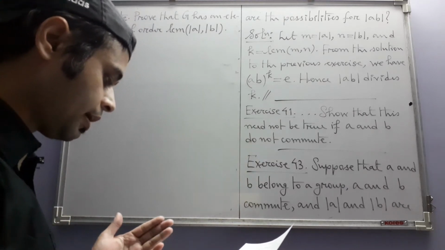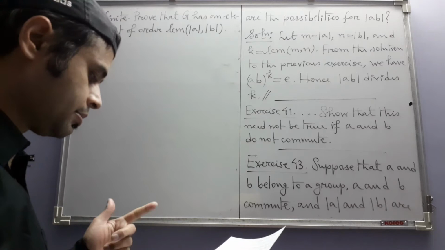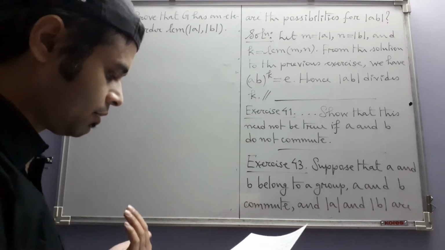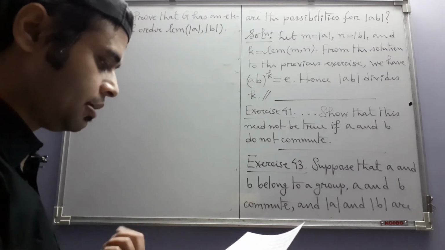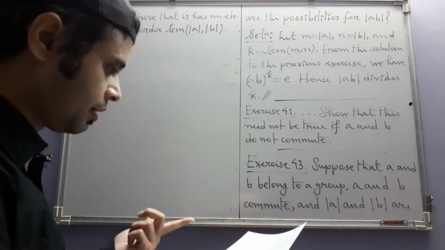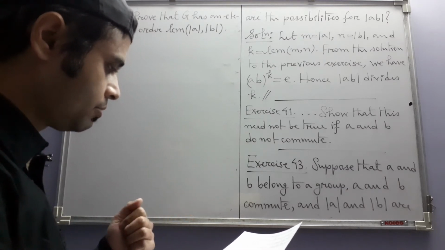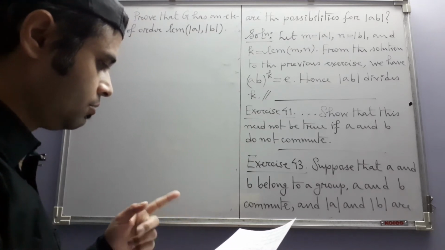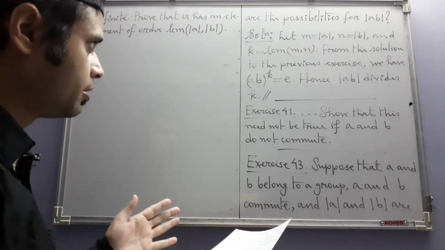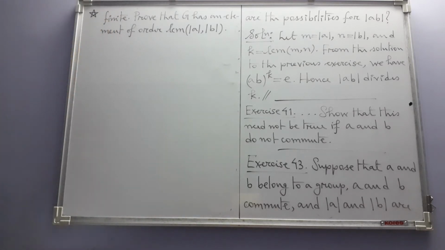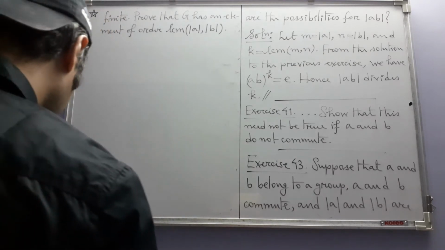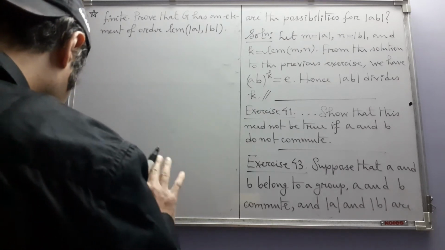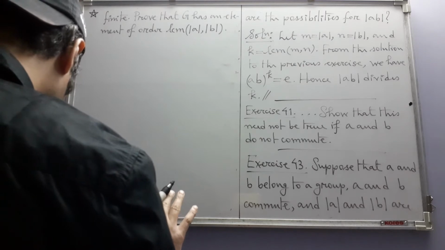Here we don't have that hypothesis. Still the result is true that G has an element of order that equals the LCM of those 2 orders. There also we were supposed to show that there is an element in G whose order is the least common multiple. So this is more general. Let me just first see whether I am missing something. No.